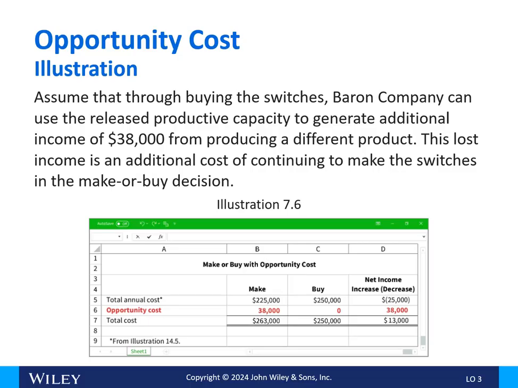Okay, so if we include that, our total cost for making is $263,000. Buying is still the $250,000, so actually we increase net income by $13,000 if we buy it. So as long as we can generate additional income of $38,000 from that released productive capacity, then we should buy and make that switch.